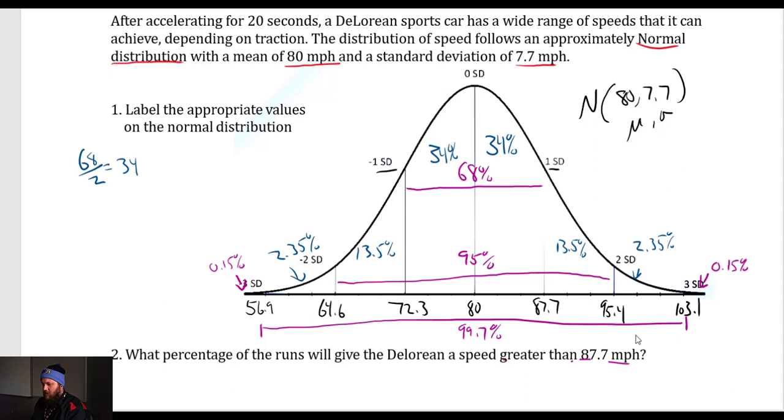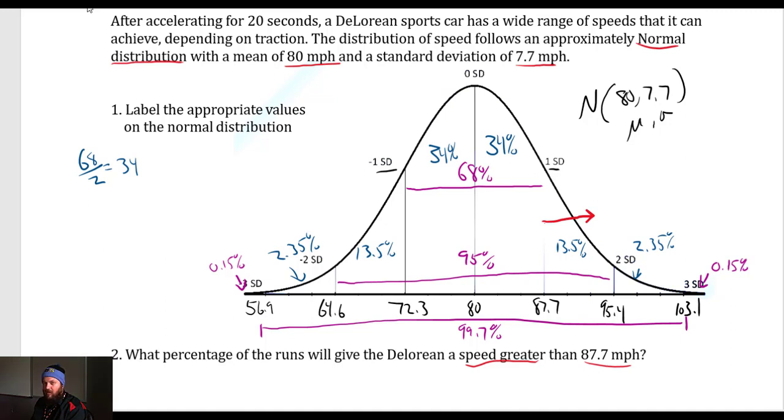So again, I'll erase the color there. Speed greater than 87.7. In other words, we want to know from one standard deviation above, right?